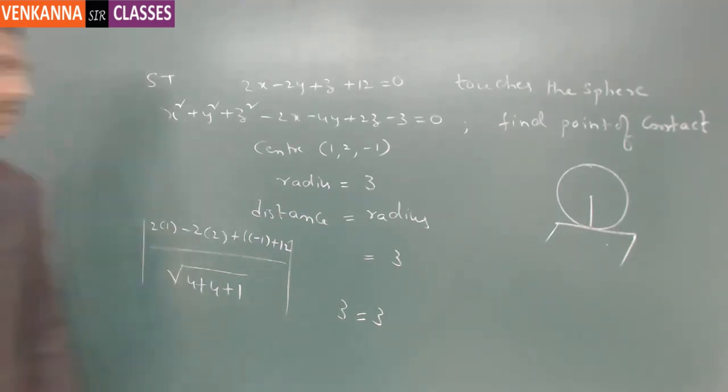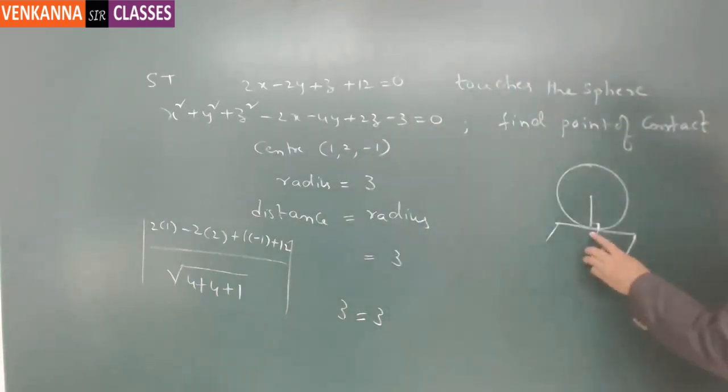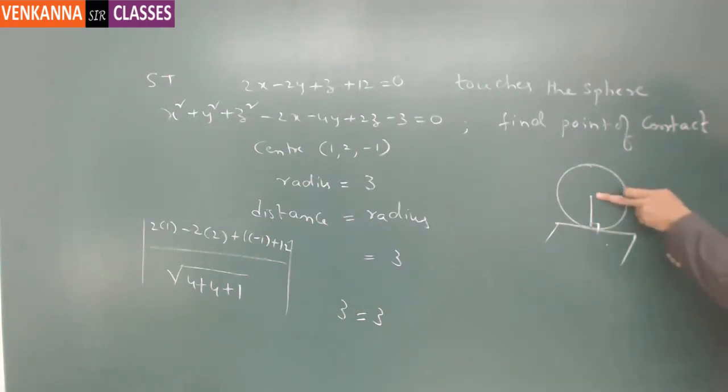The foot of the perpendicular is nothing but the point of contact. So we need to construct a line equation from the center of the sphere to the plane.